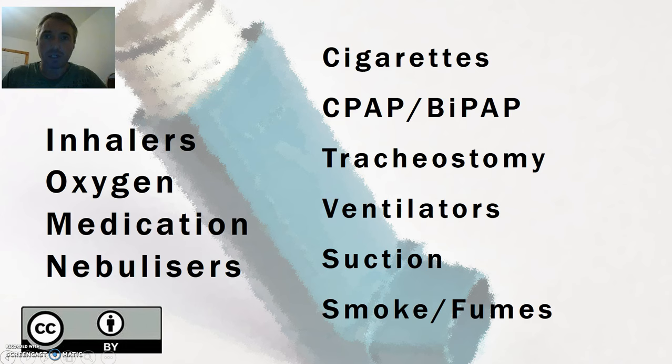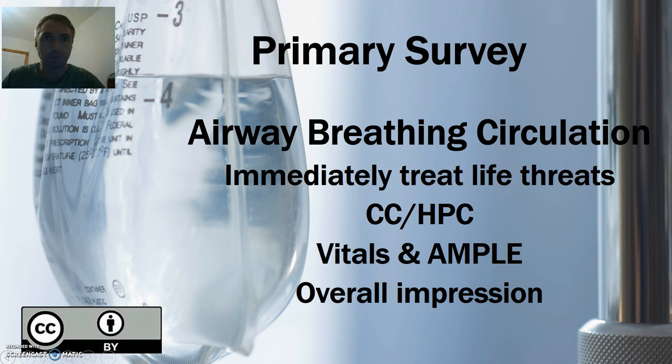You might see CPAP or BiPAP machines. You might see that the patient has a tracheostomy, maybe ventilators, maybe suction, and then environmental conditions, smoke or fumes. So these are some of the things that you can see in their surroundings. Just literally on walking towards these patients, you can see lots of these things.